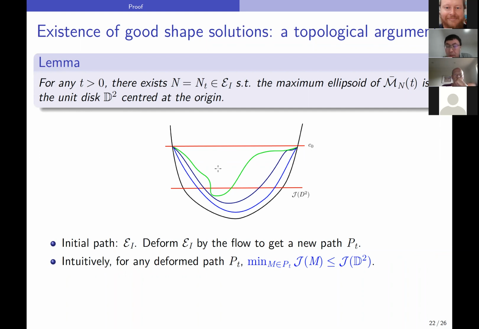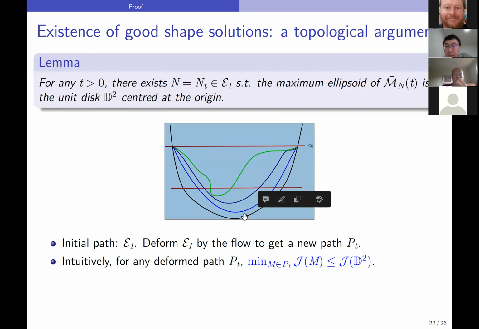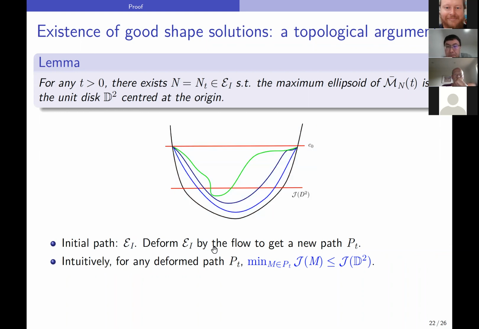So this is our key property. The idea of this key property is from the min-max argument. So you can just imagine our initial path is like EI, which is just a collection of some ellipses, and then we deform this path by the gradient flow to get a new path PT.